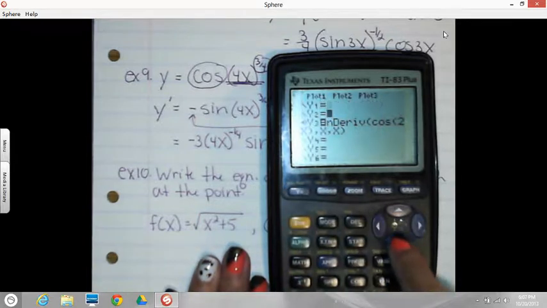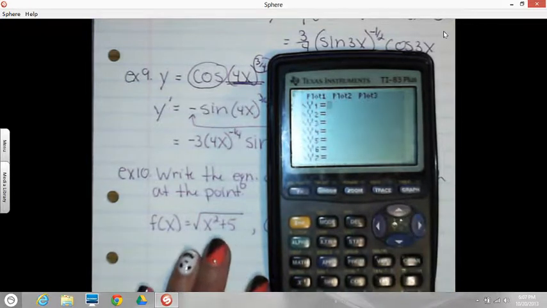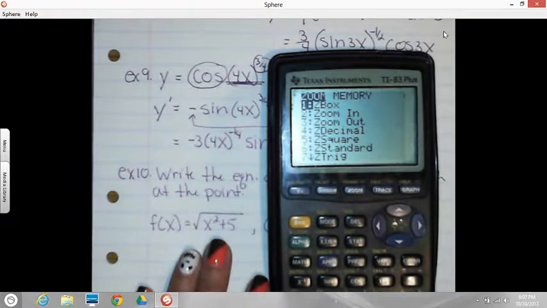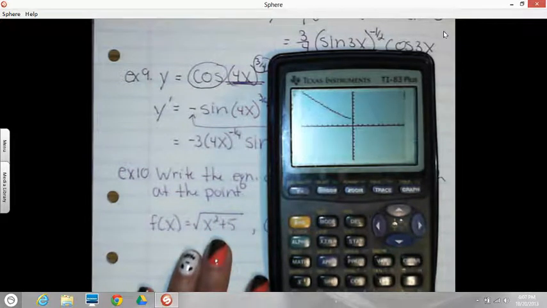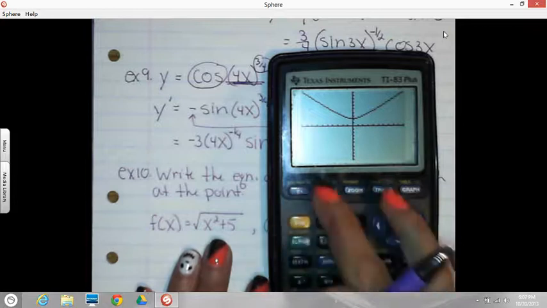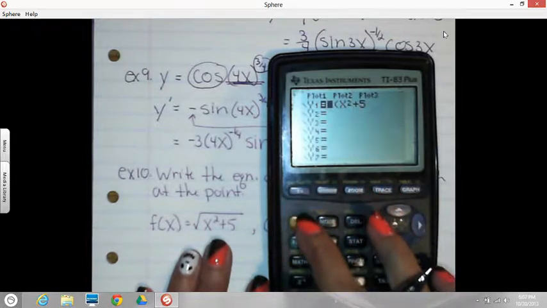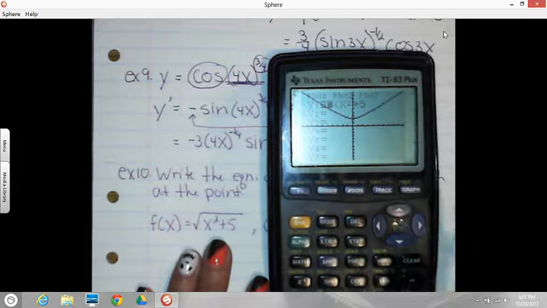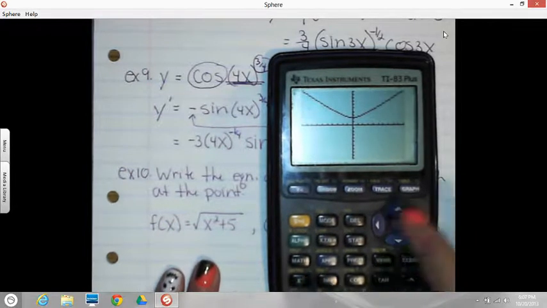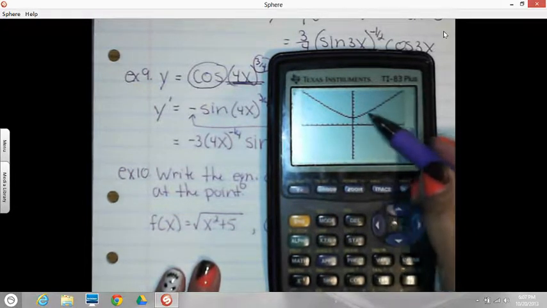and we're concerned about the graph right here. So we've got this going on.